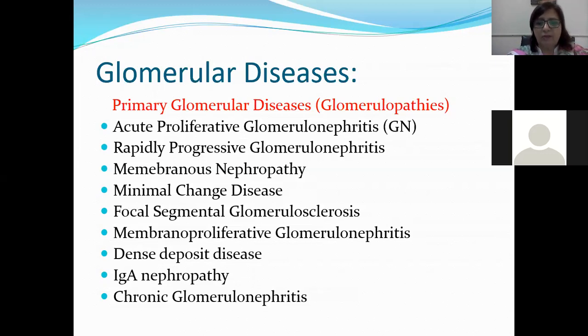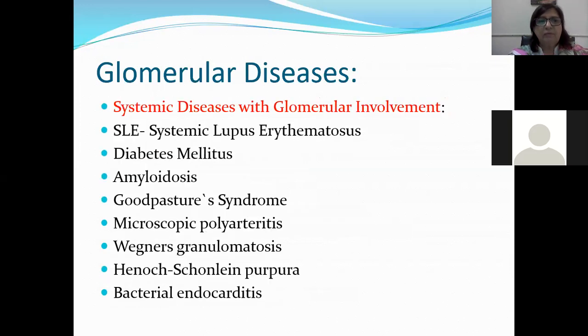This table is given in your Robbins as well. Then there are systemic diseases with glomerular involvement. SLE, which you have all done in third year, is systemic lupus erythematosus, an autoimmune disorder. When antibodies are formed against your own kidney tissue, it leads to nephritis, also called lupus nephritis. Then diabetes mellitus affects the kidney.